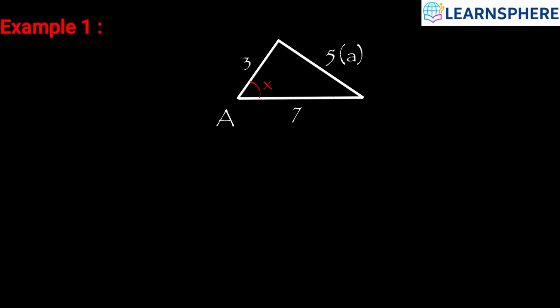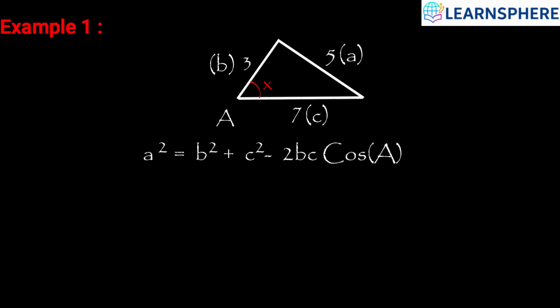Next, 3 and 7 can either be B or C. Then we can simply substitute in the values into the formula of a squared equals b squared plus c squared minus 2bc cosine A, which will give us 5 squared equals 3 squared plus 7 squared minus 2(3)(7) cosine A.